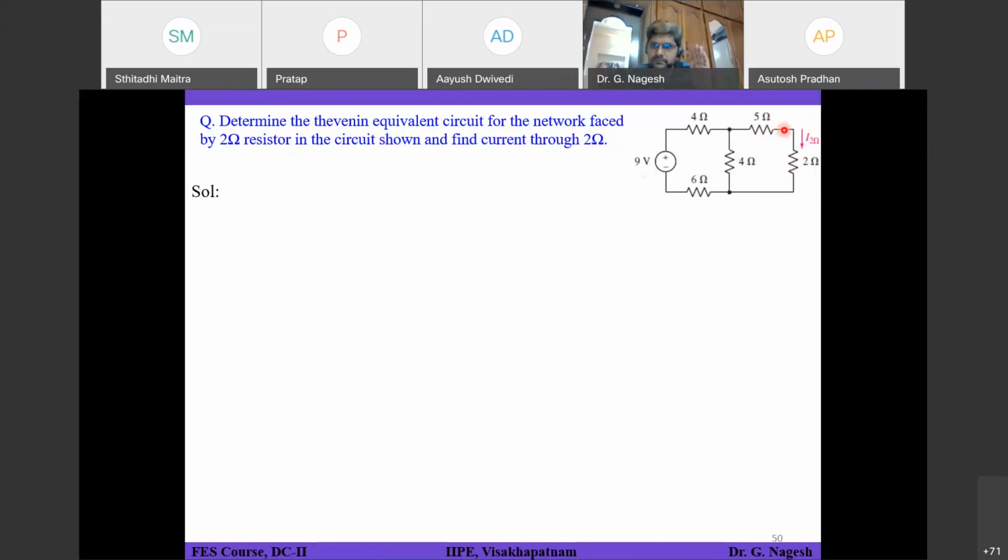That means you have to break at this point. And this part is called network A and this part is called network B. For network A, you have to find out open circuit voltage, and for network A, you have to find out RTH. That's all. If you have done that, then your complex circuit has come into a simple VTH with RTH. Let's see how it does.